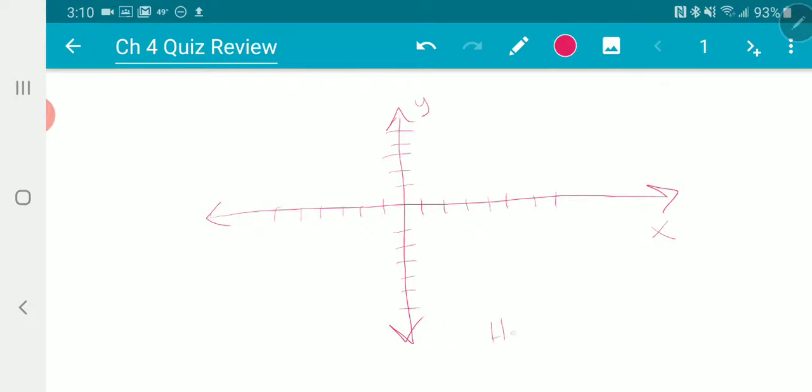Okay, horizontal lines go from left to right. Vertical lines go up and down. Okay, so how do we write the equation for these lines that don't really have slopes or have undefined slopes?